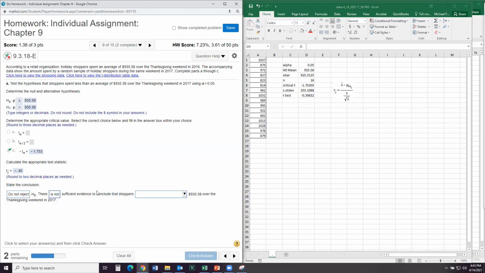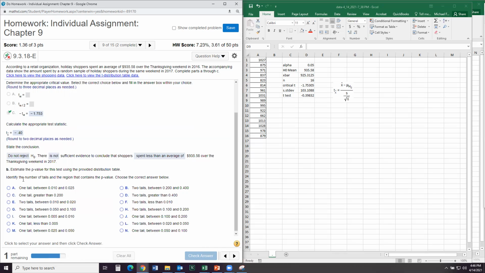There's not sufficient evidence to conclude that shoppers spent less than the average of 935.58. Even though our sample was less than the 935, given our alpha of 0.05 and the size of our data set, this isn't enough less that we can truly conclude it is a likely change to the population mean, rather than just caused by variation in any normal data set.